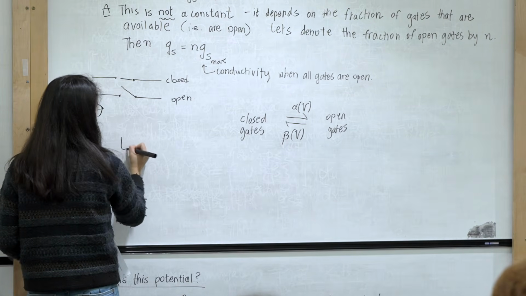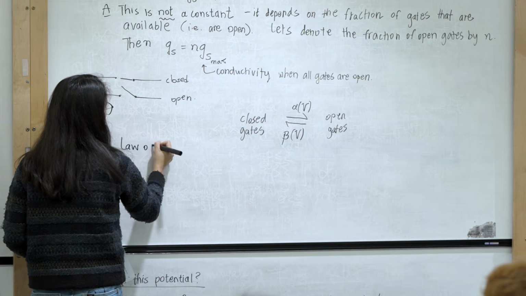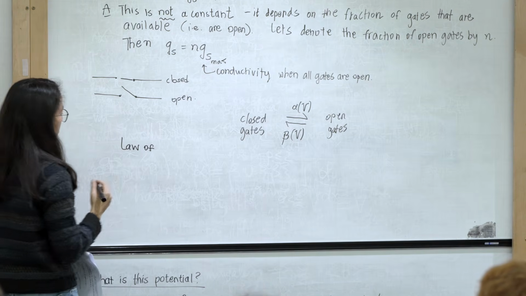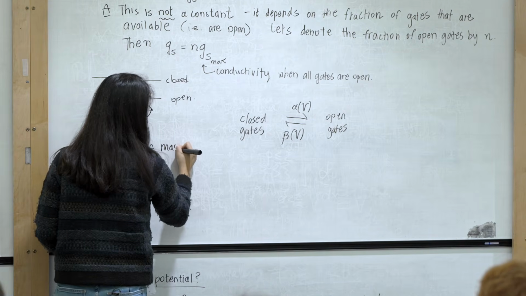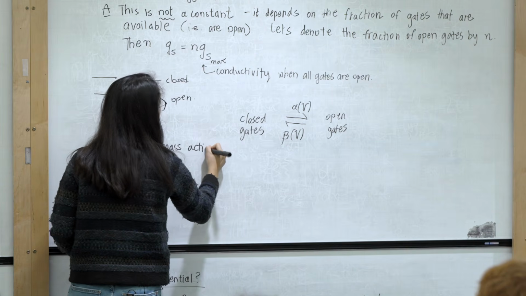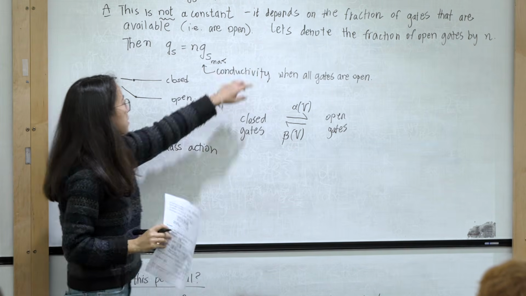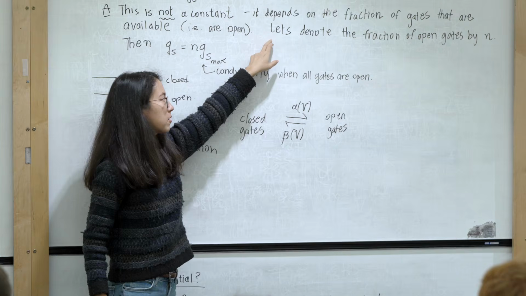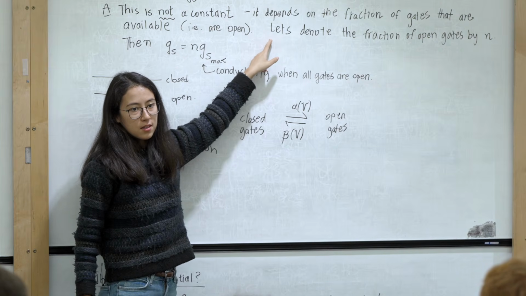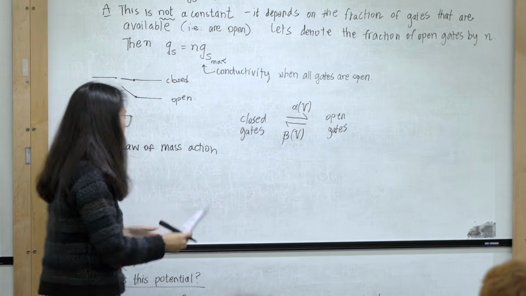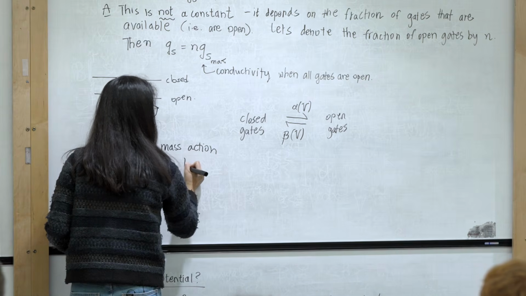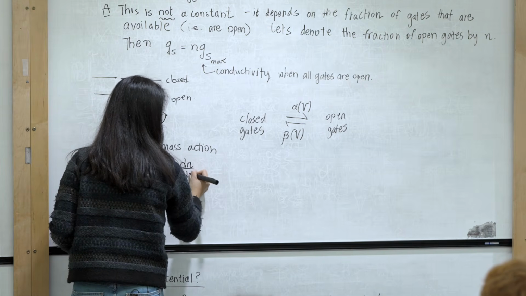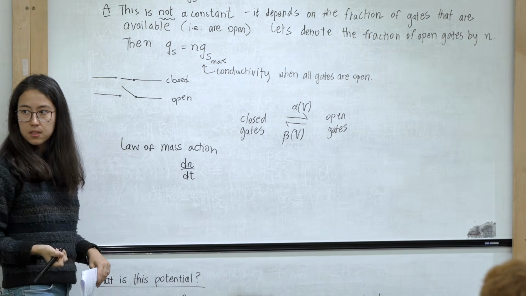All right, so if I want to write down a differential equation, I will use, as I said, the law of mass action. And remember, this line here lets you know that I said the fraction of open gates is n, right? So if I want to keep track of what is happening to the fraction of open gates, I can write down dn/dt.